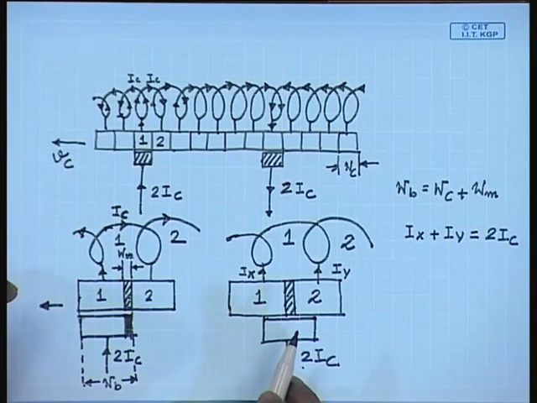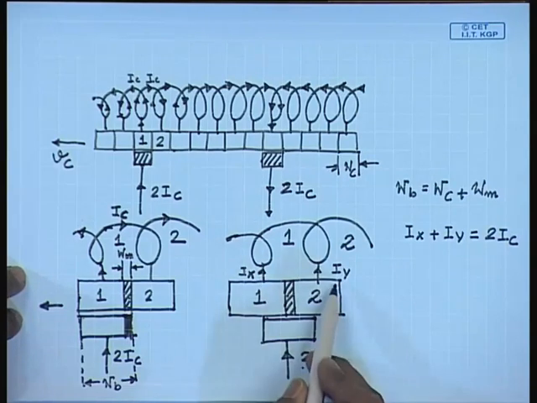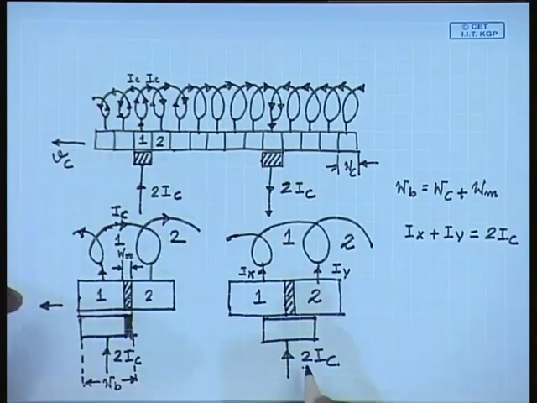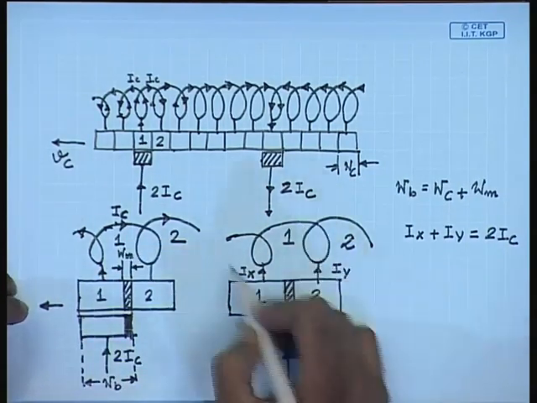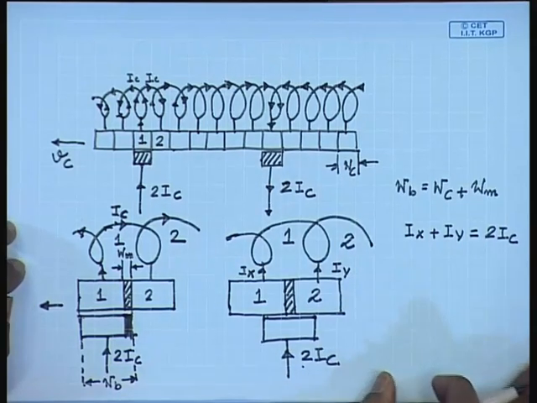In the process of commutation, this current will change. The current through this coil, which was IC previously, will change to minus IC. Let us see how.